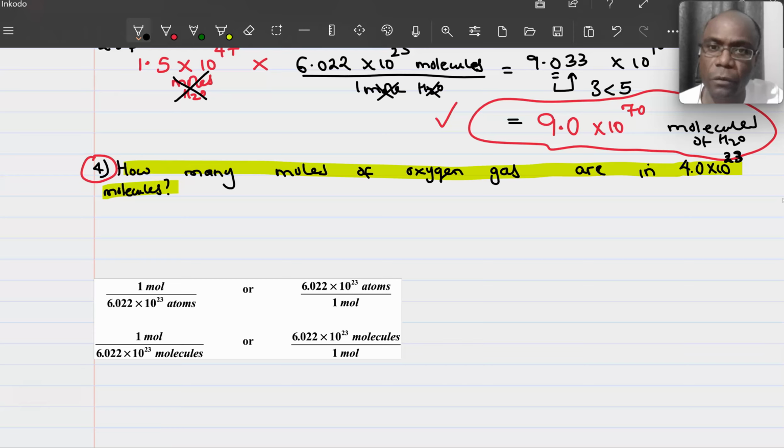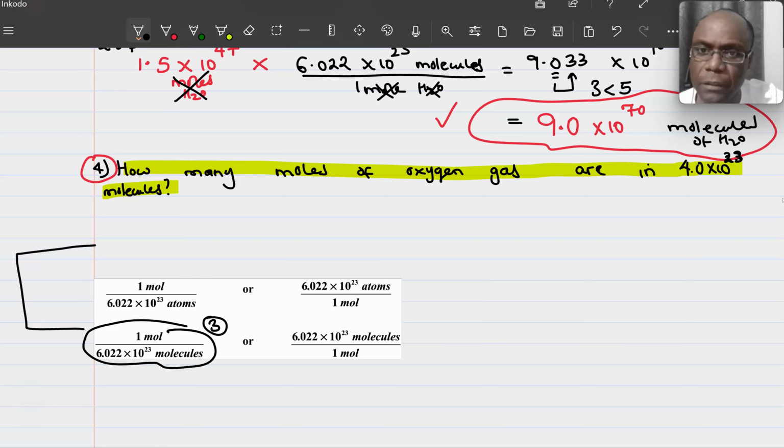So I'm going from molecules of oxygen to moles. So I think what I need is this version of my formula. That's what I'm going to use because I'm going to the moles. I'm given the number of molecules. So I'll put 4.0 times 10 to the power 23 molecules of oxygen, or oxygen molecules, and multiply that by the conversion factor of choice.